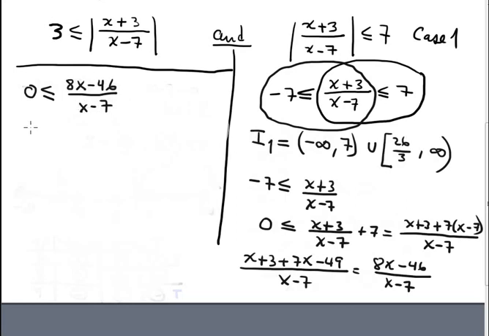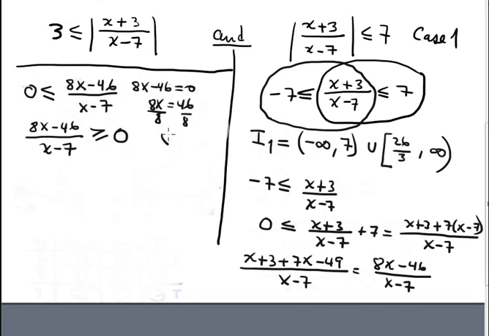It's the same to say 8x minus 46 over x minus 7 greater than or equal to 0. The critical value: 8x minus 46 equals 0, 8x equals 46, divided by 8, and reduced to lowest terms is 23 over 4, which is equivalent to 5 3/4. This is the critical value, and the restriction is 7 again.